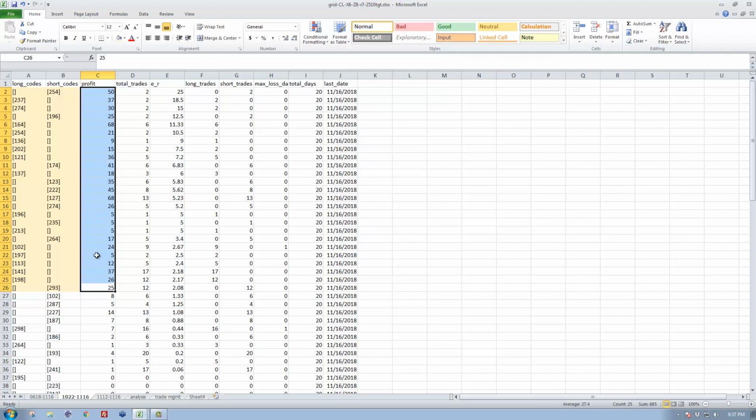Hindsight is not useful, but what we're going to do now is compare these codes to the codes from the larger sample size, the 110 days. Because what we want to see is which ones are more consistent than others.